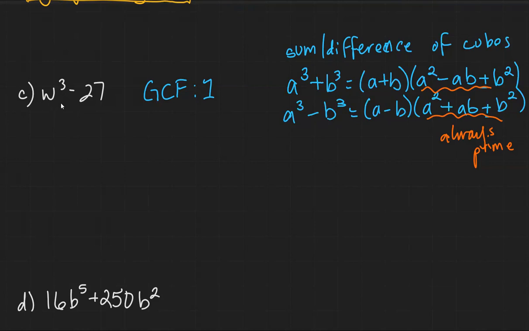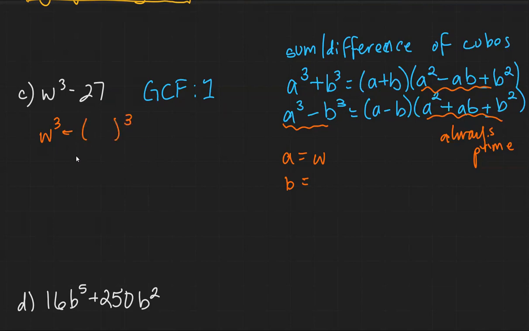Okay, so w cubed minus 27. Let's identify, first of all, it's going to be our difference of cubes, if it were to work. Now let's just make sure that we can rewrite it as something to the 3rd power. Well, the first one is all set, w cubed, in this case you can say a is w. Now, what is b going to be? Can I write 27 as a number to the 3rd power?